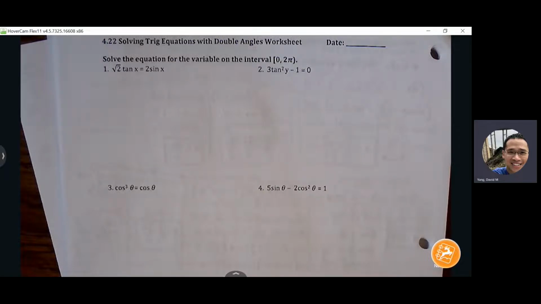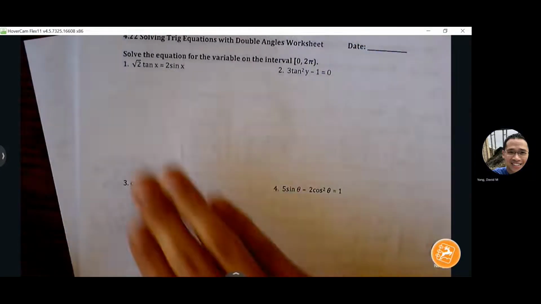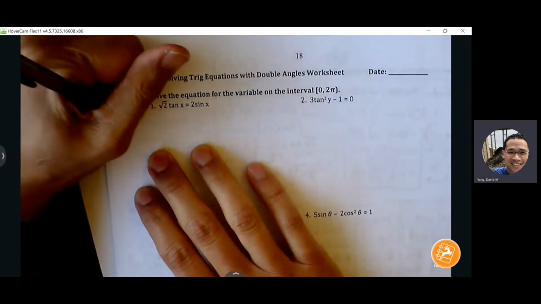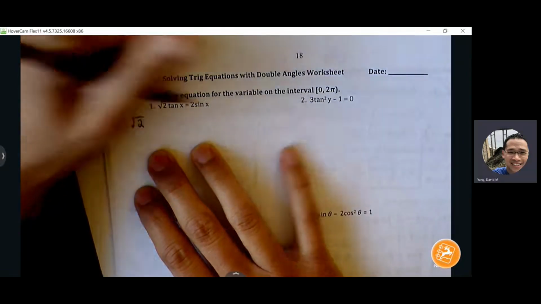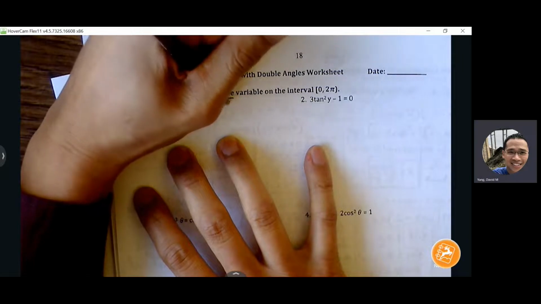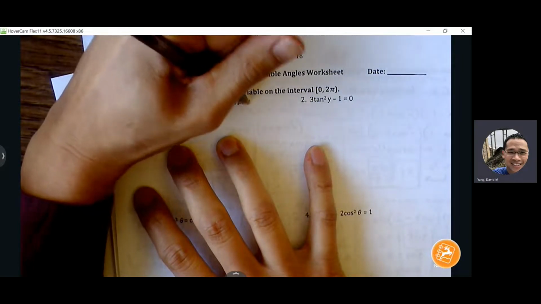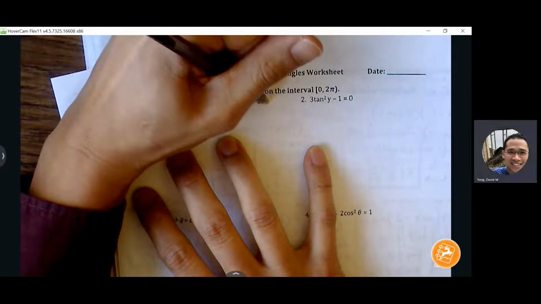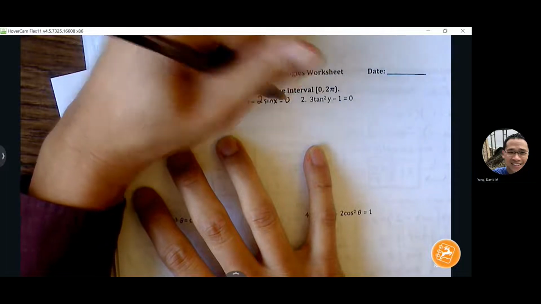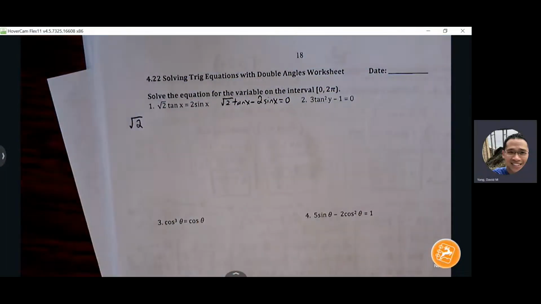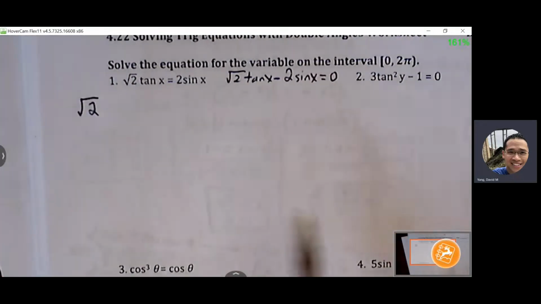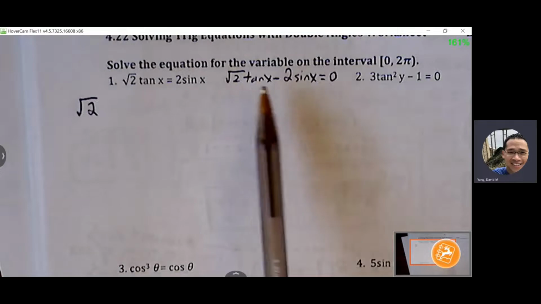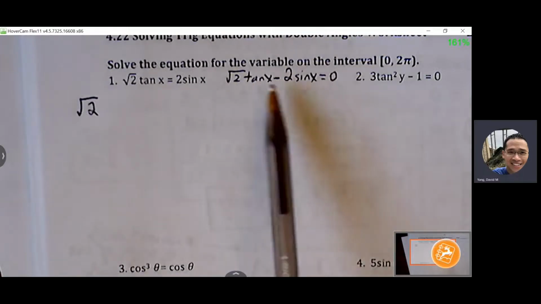Okay, let's bring everything over to one side first. Now, we're looking at root 2 tan x minus 2 sine x equals 0.